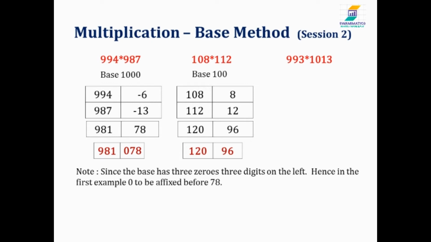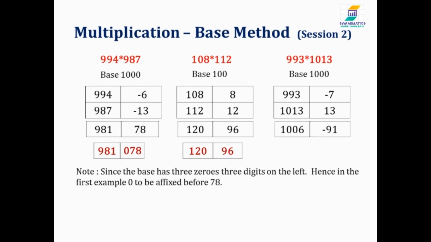Take another set of numbers, 993 and 1013. Here one number is a three-digit number, the other one is a four-digit number. Since the numbers are close to 1000, we take the base as 1000. Now as per the operation, 993 is 7 short of 1000, so minus 7. 1013 is 13 more than 1000, so it is plus 13.